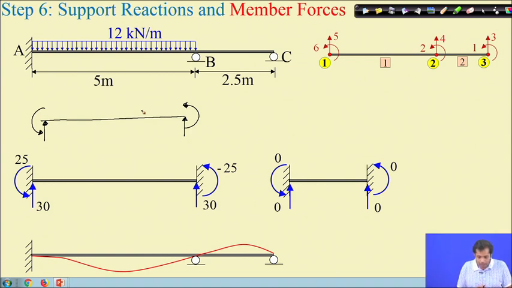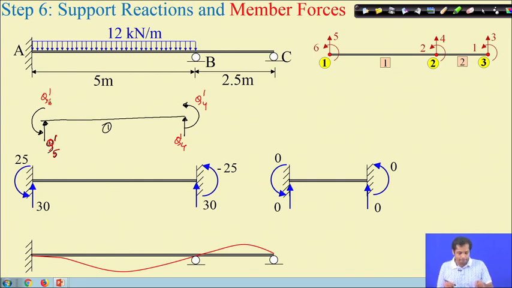Now, let us write it. This is member number 1. Suppose this force is Q4 for member number 1, this is Q5, and this is Q6 for member number 1.